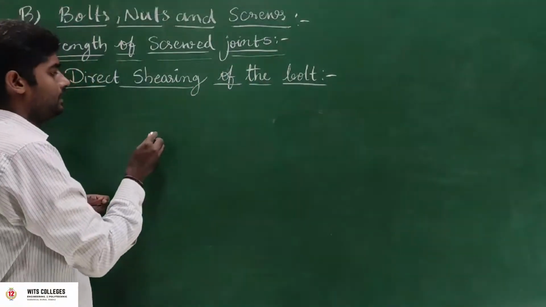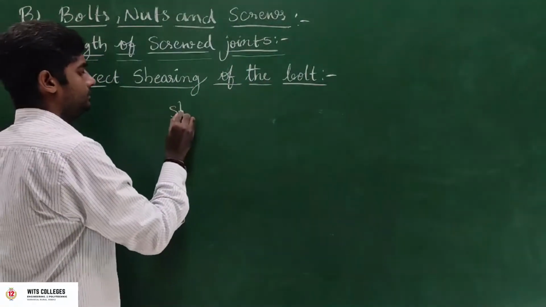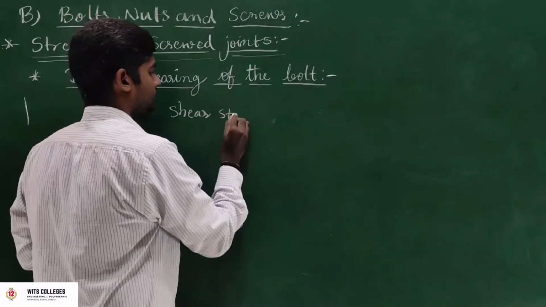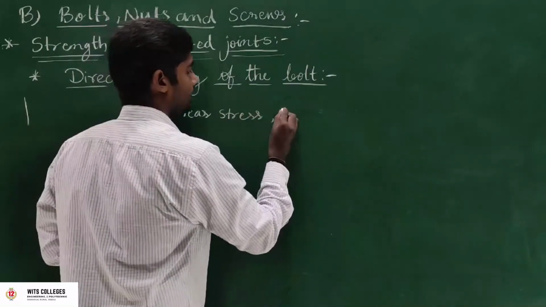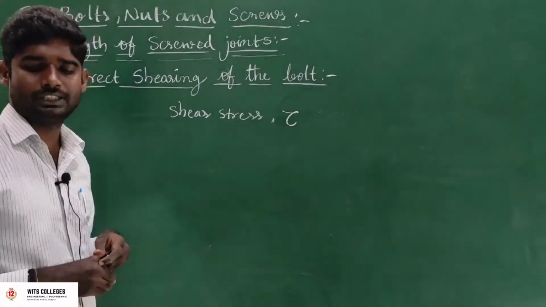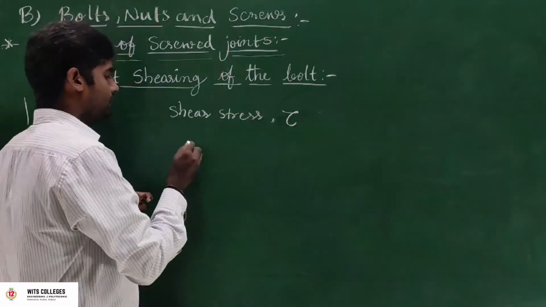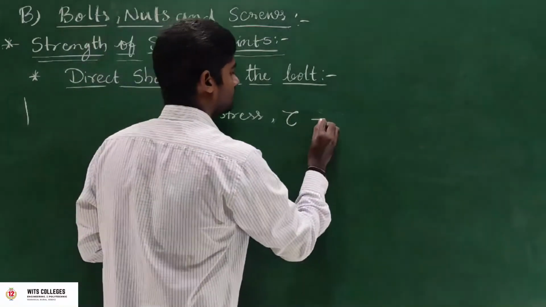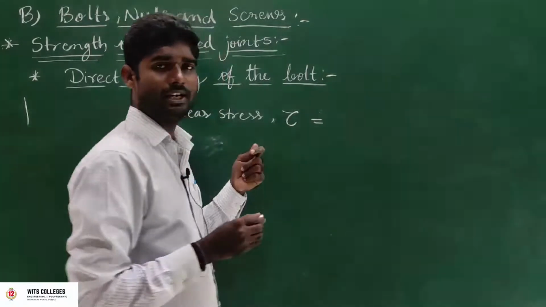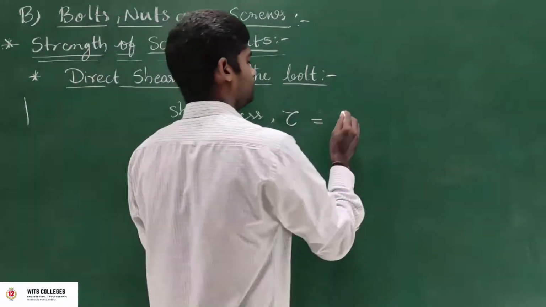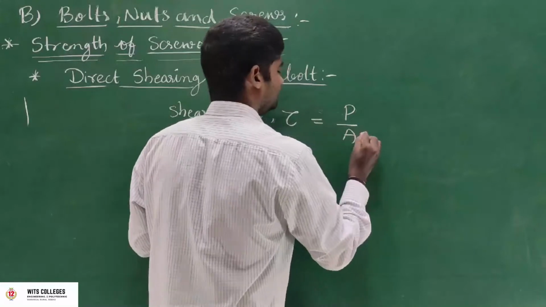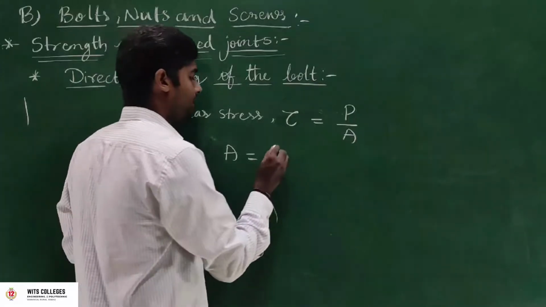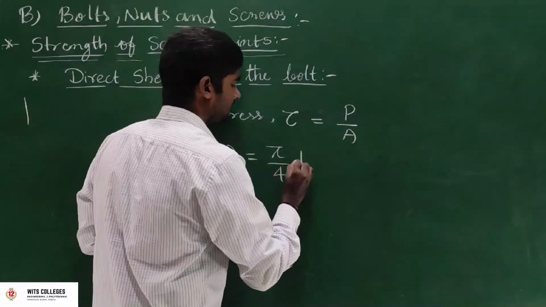In this direct shearing of the bolt, shear stress is denoted by tau. The shear stress formula is also P by A. Here the area is always pi by 4 d square.